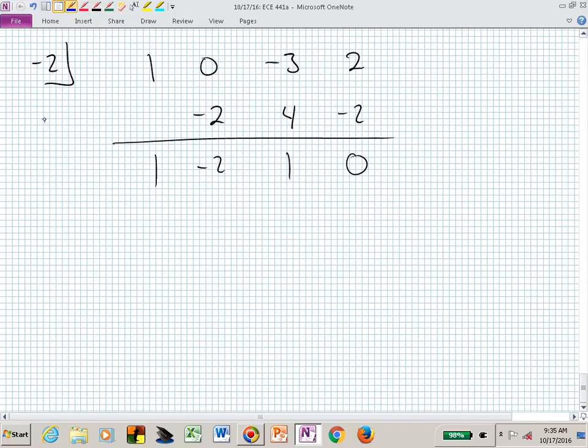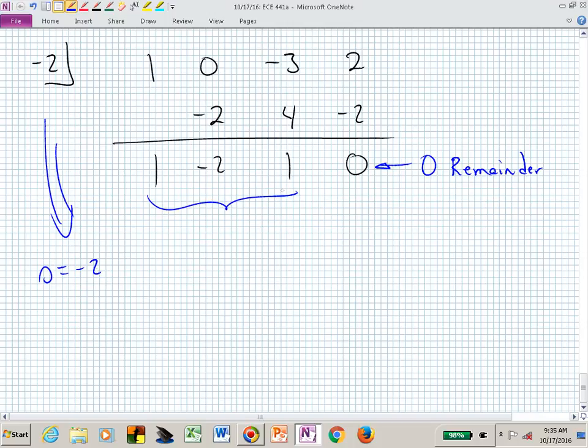This now tells us, since this has a 0 remainder, that we now have a root at s equal minus 2, and the other roots result from this being factored. And this now corresponds to s squared minus 2s plus 1.